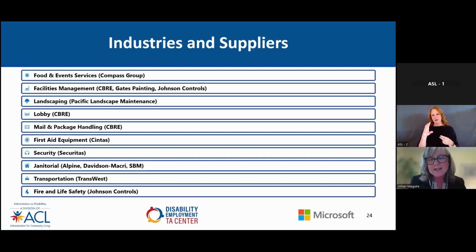Facilities management. You've got to make sure the HVAC system is working and the lights are working and the doors close properly. Those things are handled by facilities maintenance companies. And that's the company I work for, CBRE. But there are also multitudes of others that are participating in the program and have hired people thanks to this program.